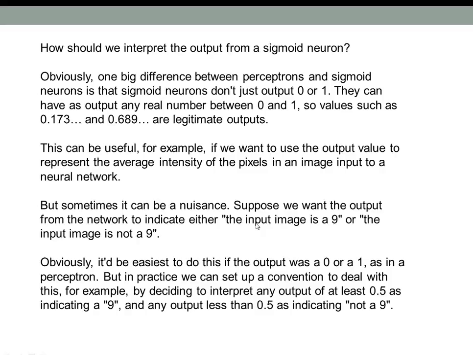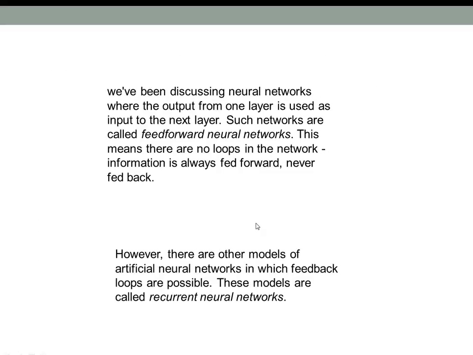If it's below that level, we do something else. So we do the same thing here. Nothing very ingenious about it. For example, we can decide to interpret an output of at least 0.5 as indicating a 9, and any output less than 0.5 as indicating not a 9. So that's just a technical detail. We don't have to get that technical, I guess.